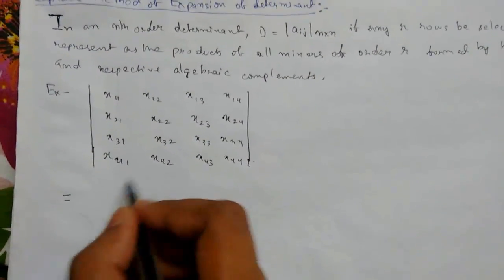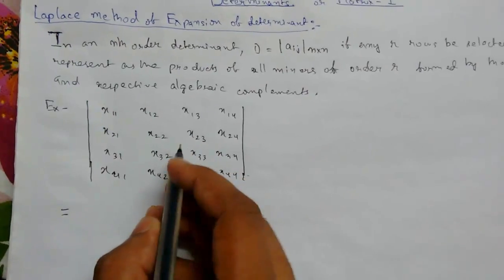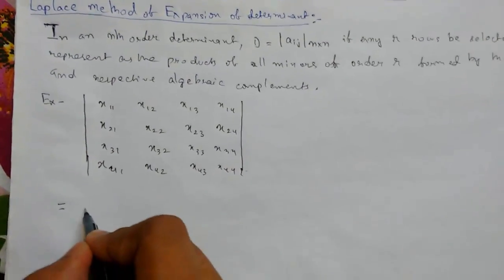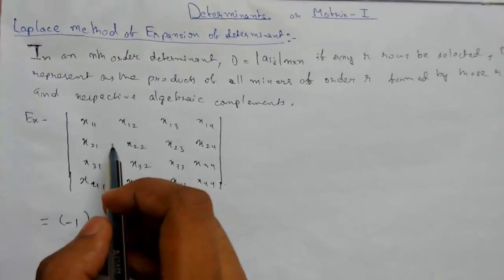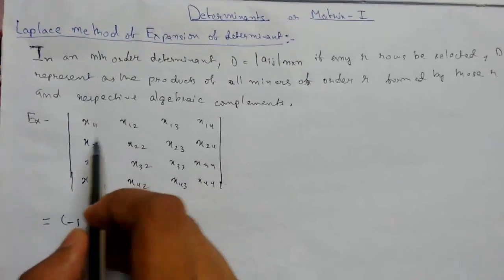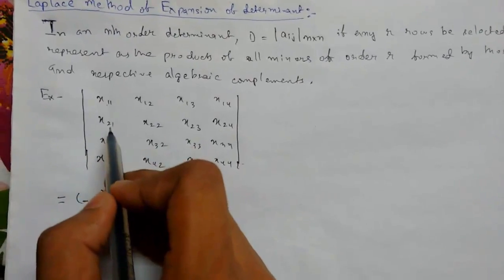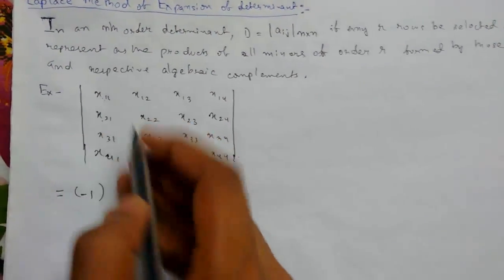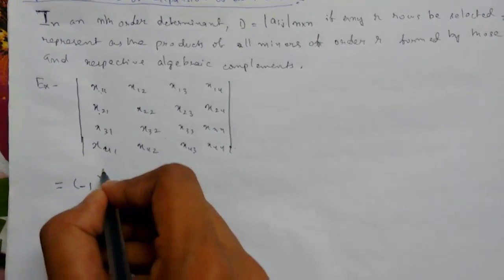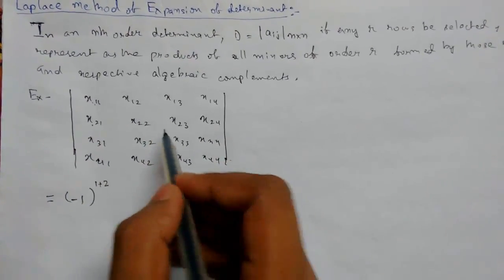So let me write this. First we need to write the minors and respective algebraic complements. So first, minus 1 to the power. Now we are taking the first two rows, so from these two rows we will do all the operations. We will take the first row and second row, so this will be 1 plus 2, and we will take the columns now.